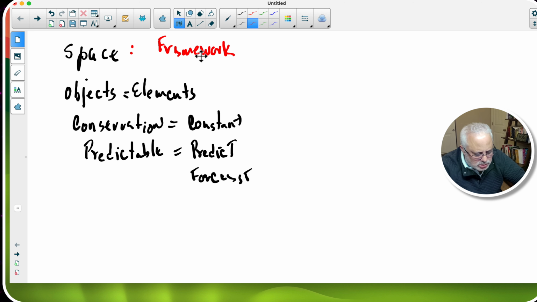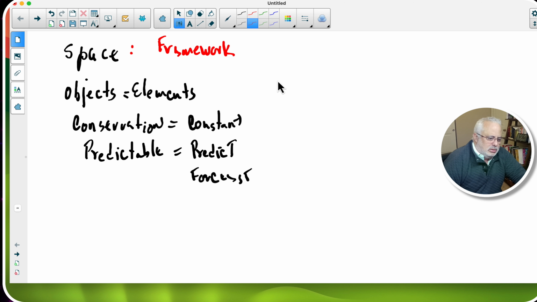What is that space? It's not a three-dimensional space. It's not 3D. It's not physics. It's, let's say, the area in which the objects will be moving, the elements of the topic will be moving.